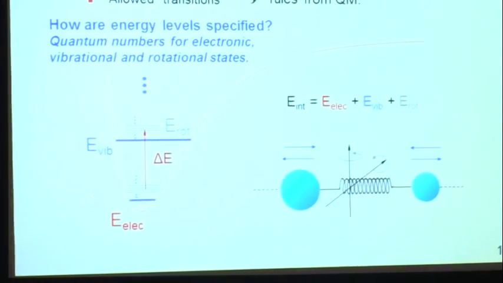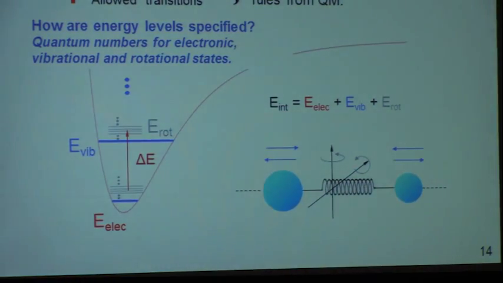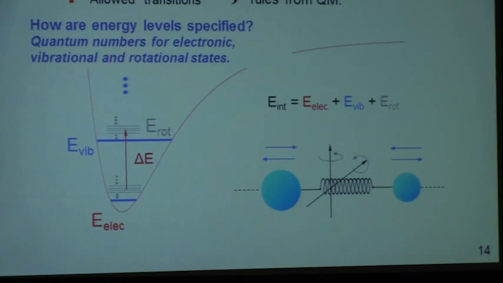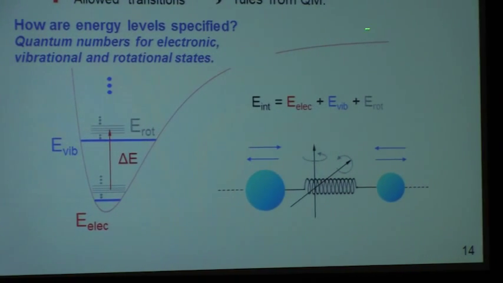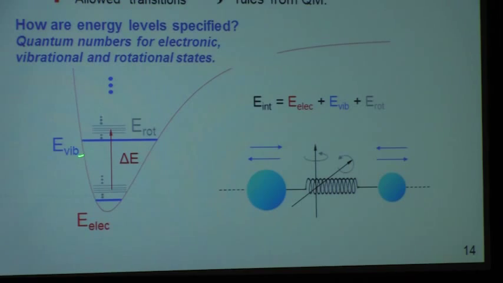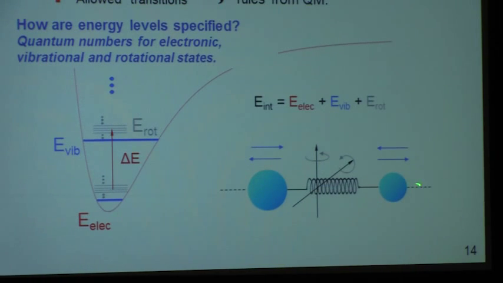This is a classic diagram of potential energy. These horizontal lines correspond to the amounts of energy comprised of these different components. If you see a well like that, that means we're in one particular electronic state. These horizontal lines show us the rotational and vibrational energies. Think about a diatomic molecule, either a heteronuclear one, meaning the two nuclei are different, or a homonuclear one, where they are the same.